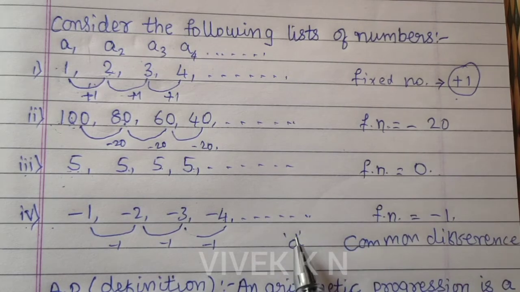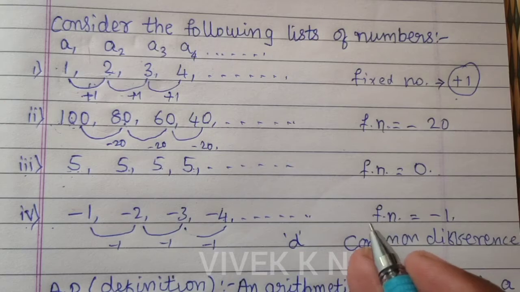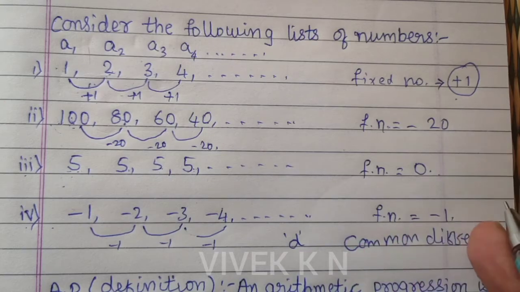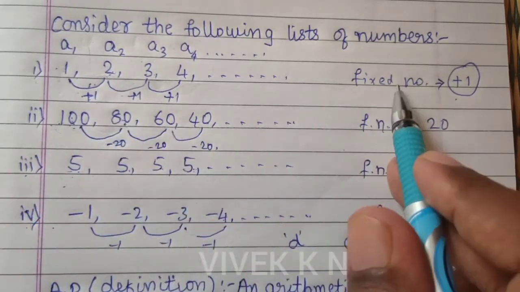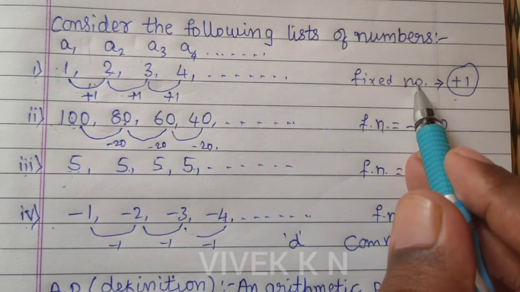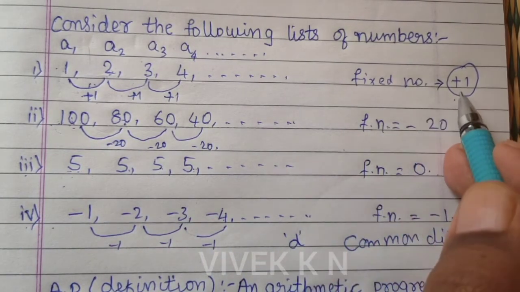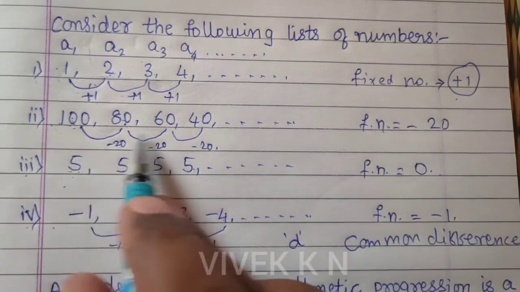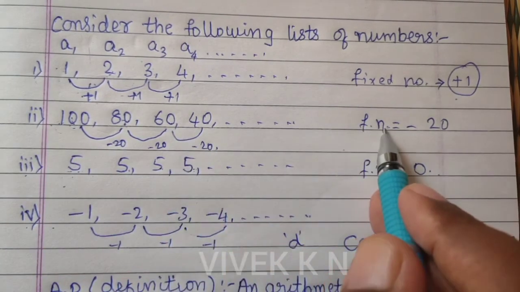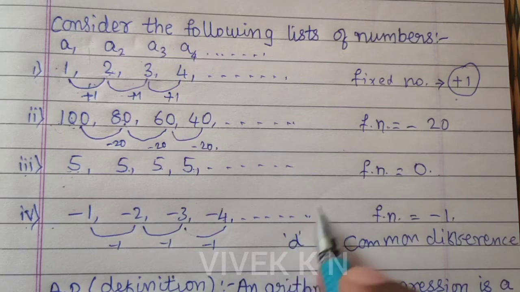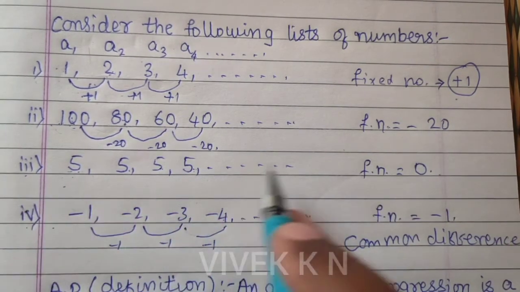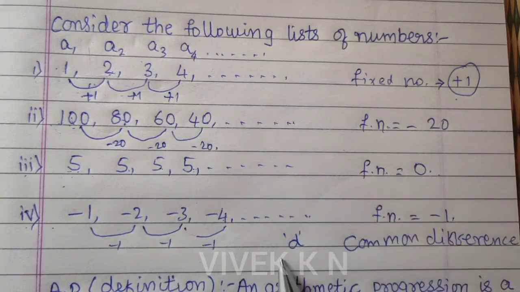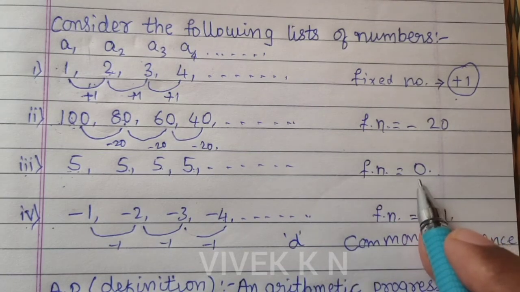This common difference can be positive, negative, or 0. For example, in this first sequence, the common difference d is positive. In this second sequence, the common difference d is negative. And in the third sequence, the common difference is 0.